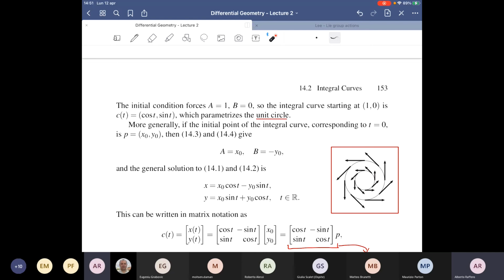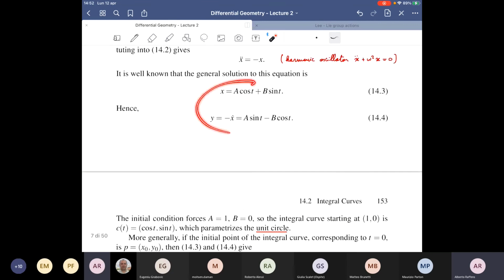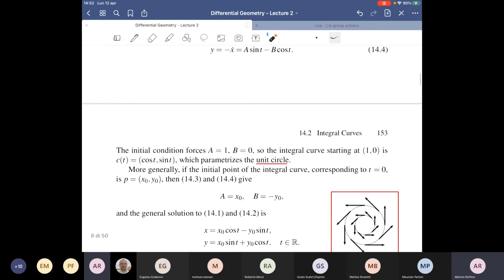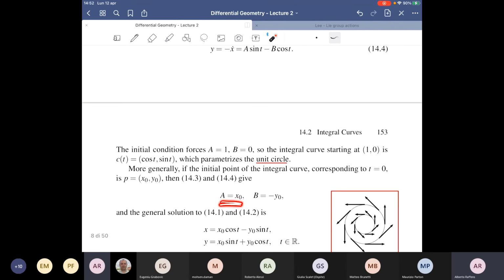In particular, if you consider a point with generic coordinates x naught and y naught, then, again using this form for the solution, you will obtain that a has to be equal to x naught and b has to be equal to minus y naught.